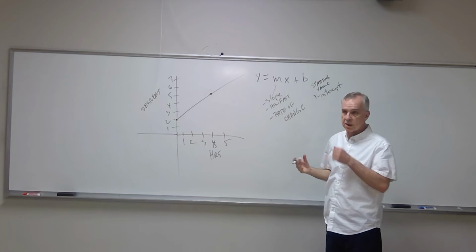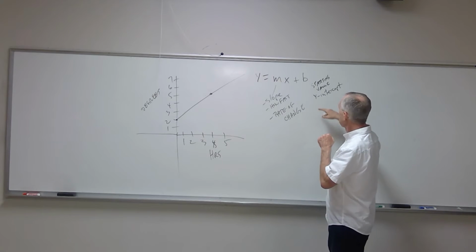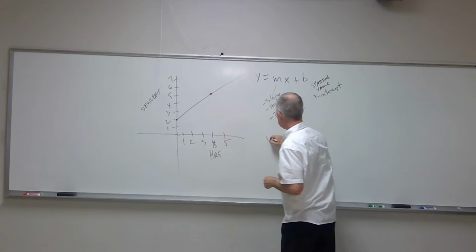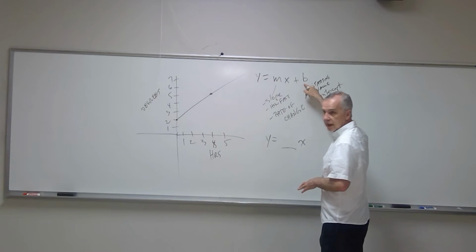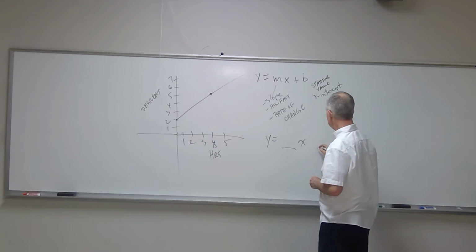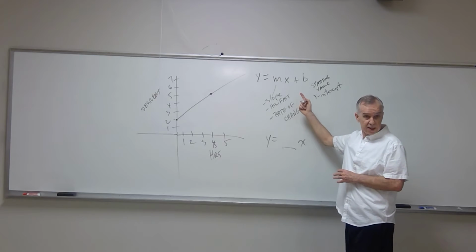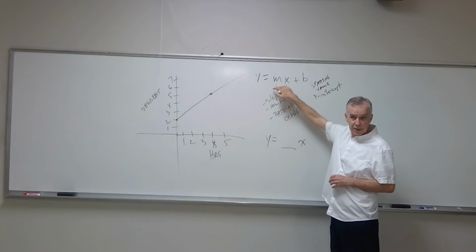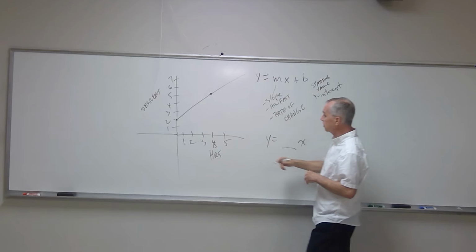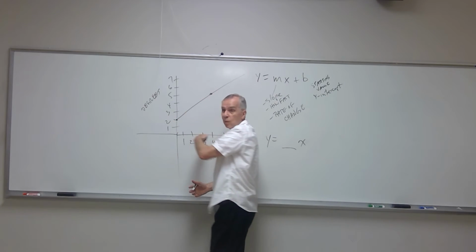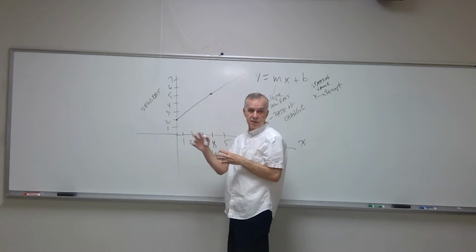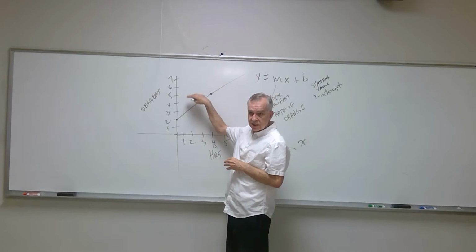All right, so where did we start? We know it's going to be some form, y equals something x, and then plus or minus something else. So we're going to start with the b, because the m, the slope, is going to tell us how steep it is, but I don't know if the line is here, or here, or up there. So I need to differentiate parallel lines and say it's this one.